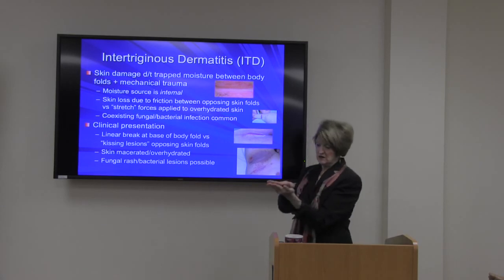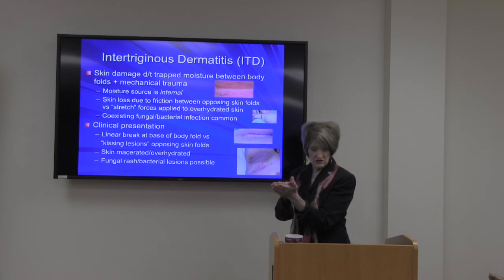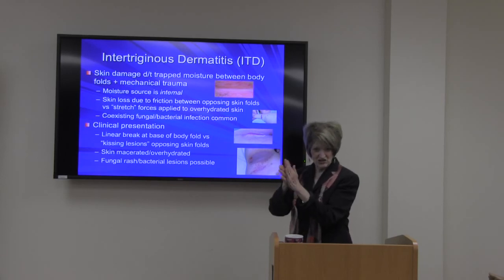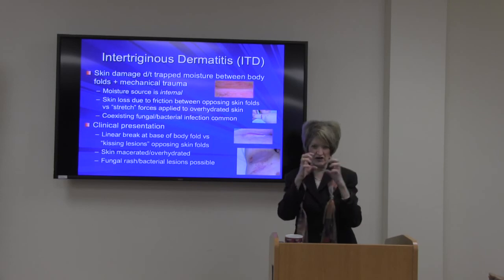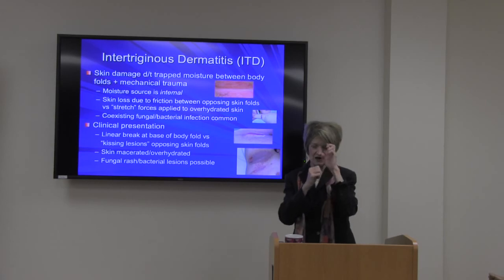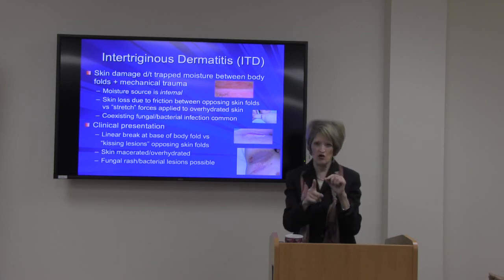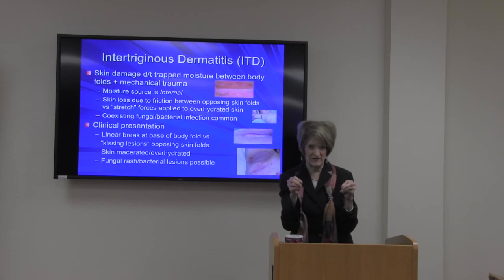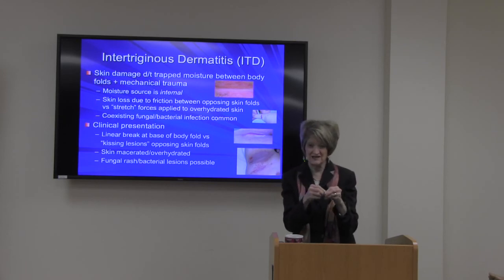What happens? The skin becomes macerated and vulnerable. And then there's 2 sources of damage. One is the 2 sides of the skin folds rubbing against each other, so you can get mirror image lesions where this side rubbed against this side and create a superficial skin loss. Or you can get a crack at the base of the skin fold. Sometimes those cracks occur spontaneously.